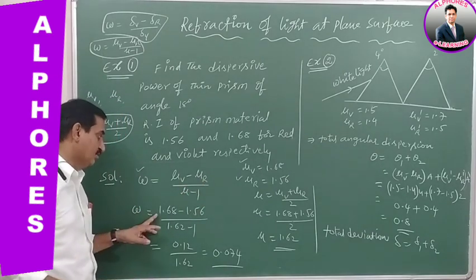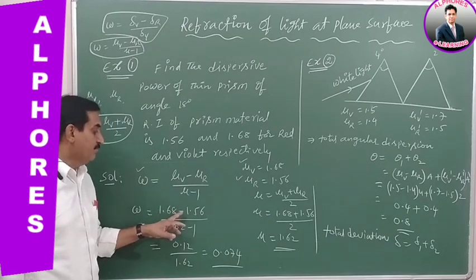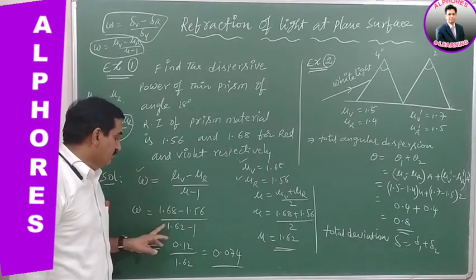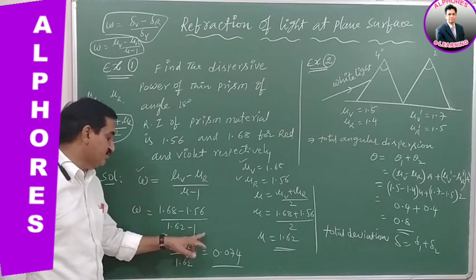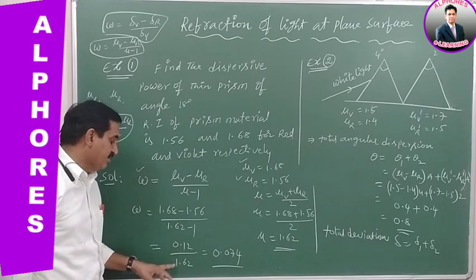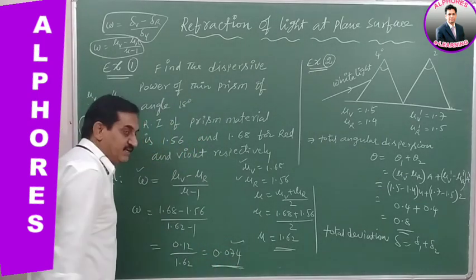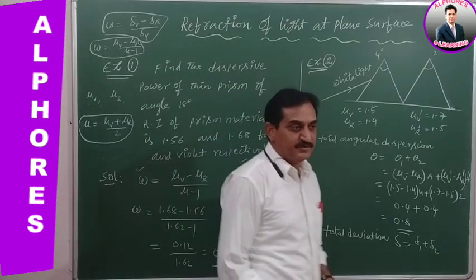By substituting these values, 1.68 minus 1.56 by 1.62 minus 1, and this is 0.12 by 0.62 by simplifying. This is the dispersive power of the given material of the prism.